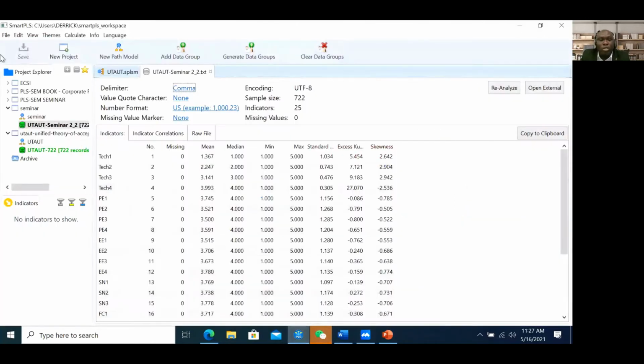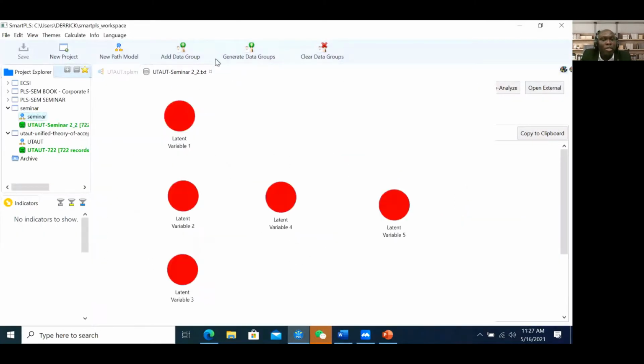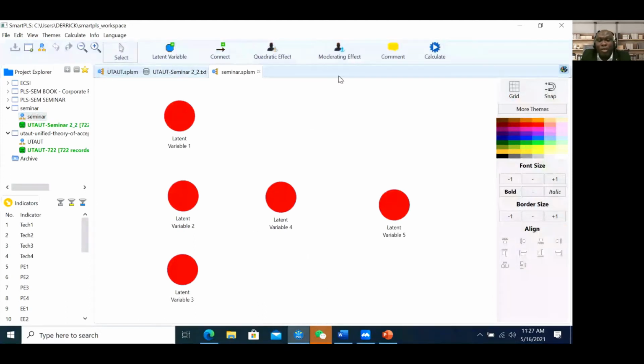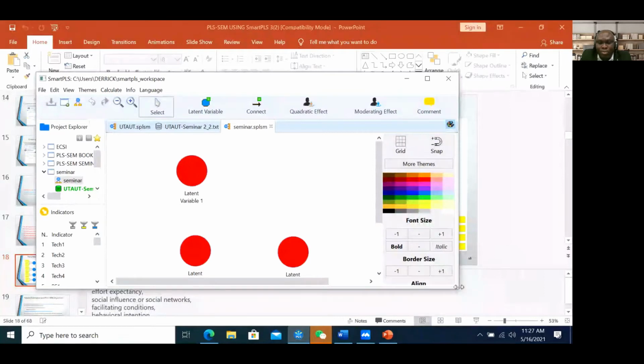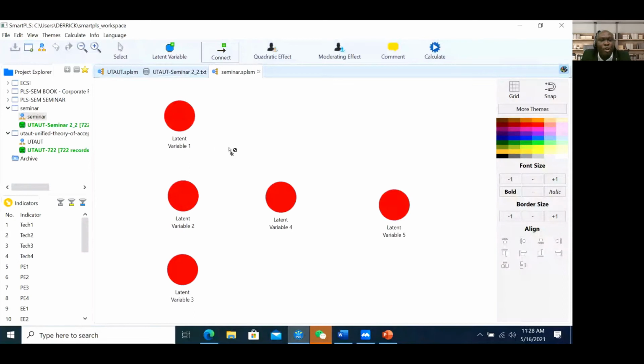Now, what you do is that you go and double click the path model here, as I was creating earlier before I went offline. Then you choose the various connectors, okay?